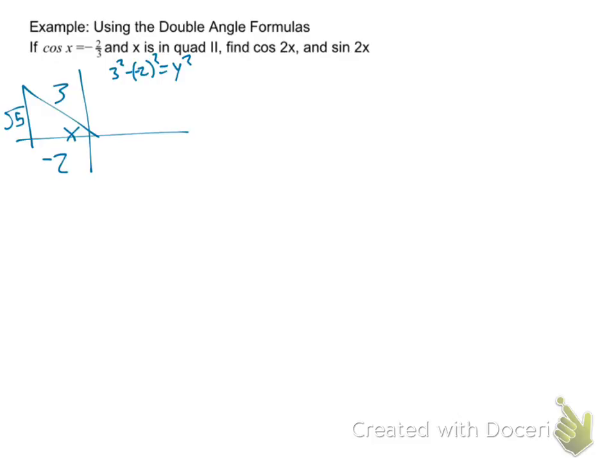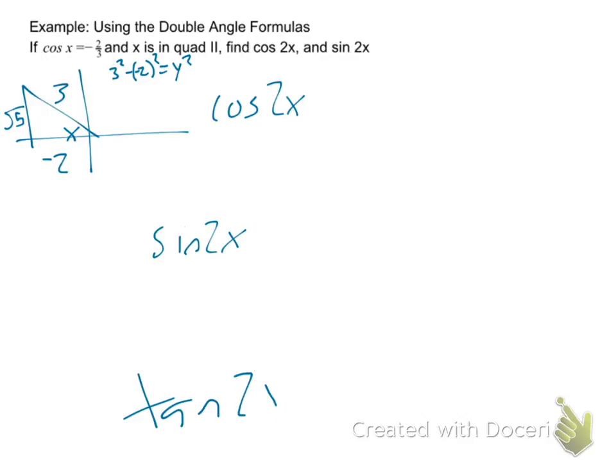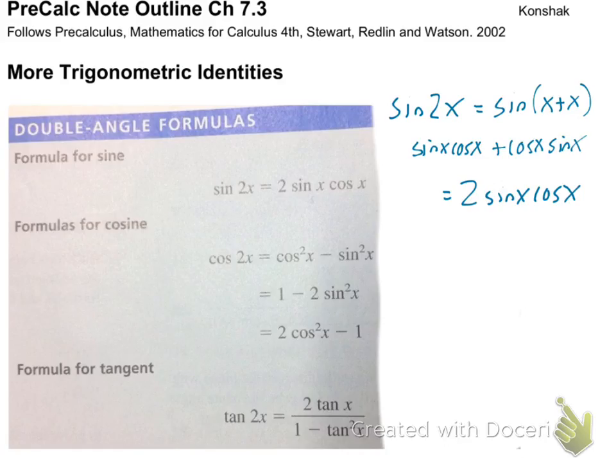What I do need, though, is I want you to tell me cosine of 2x. I want you to tell me the sine of 2x. And you know what? It's not on here, but what is the tangent of 2x as well? So what I suggest that you do is go back to your notes, and instead of sine of 2x, write 2 sine x cosine x.